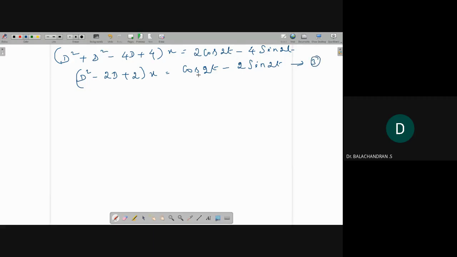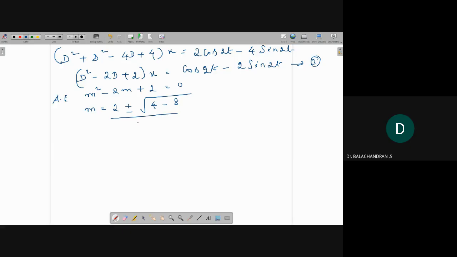This is actually a second order linear differential equation with constant coefficients. If you solve this equation, you'll get x. So the auxiliary equation is m square minus 2m plus 2 equal to 0.